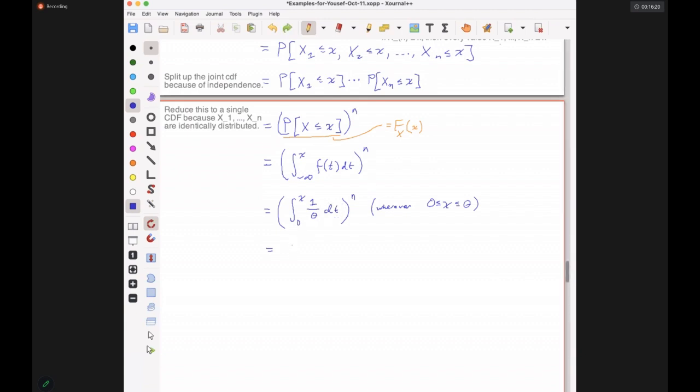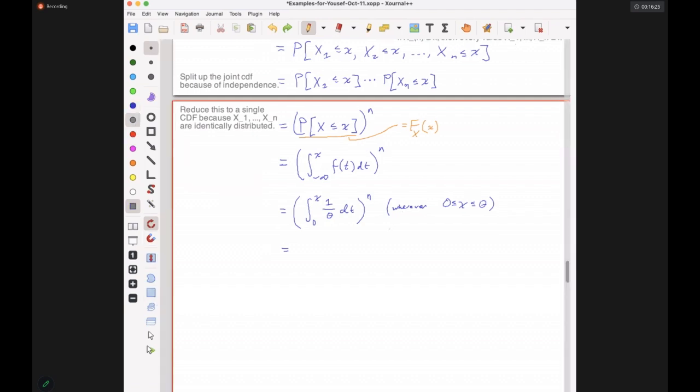So our integral here is going to be equal to t over theta evaluated from t equals 0 to x. And so this is just going to be x over theta. And so then this comes out to x over theta to the n.